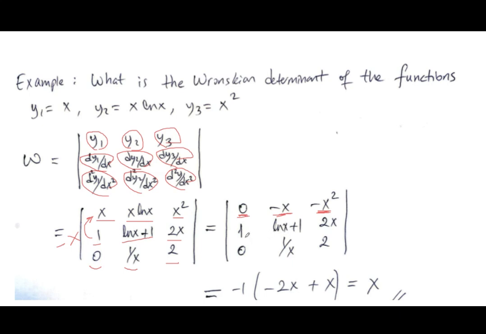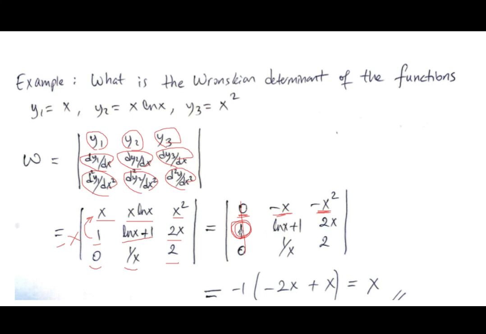So we can use this element, because in this column we have two zeros already. So whatever we multiply with 0 is going to be 0 anyway. So the only non-zero term is here, 1. So we have minus 1 because this is the second row, first column.